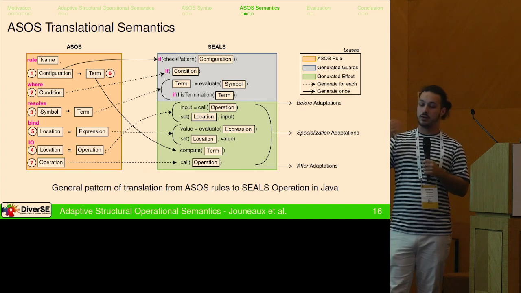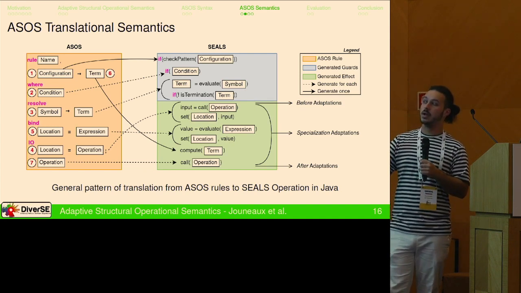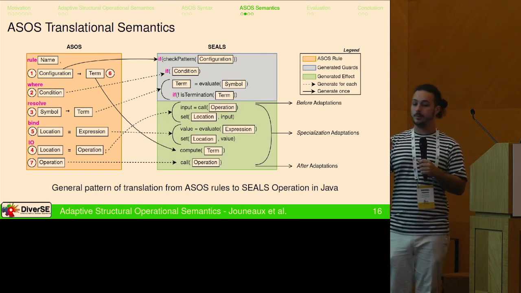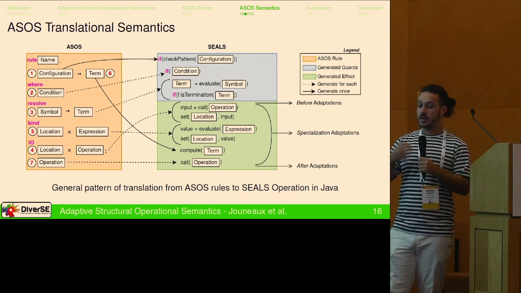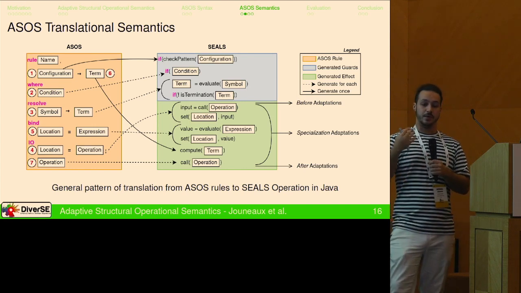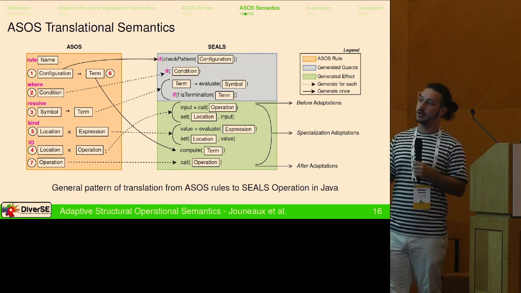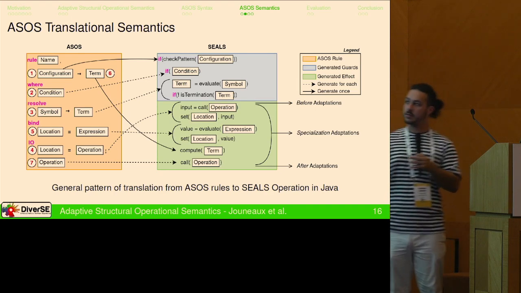We basically translate the input and get the information from the outside, and compute the different bindings that we can have. Then we actually compute the output term, which can be done in different ways.